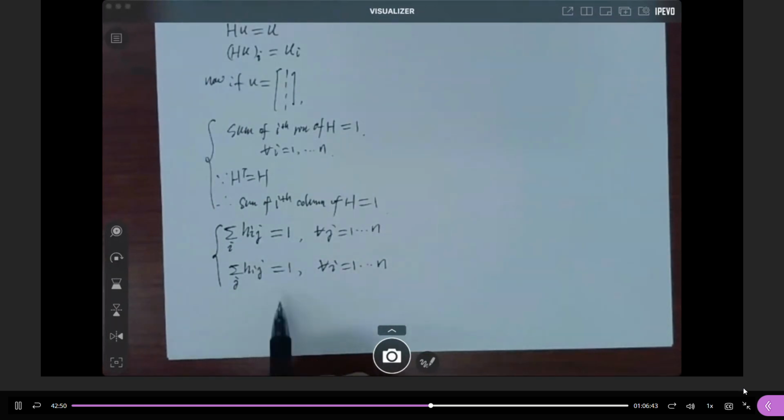If you sum over all the j, that means the rows sum to 1.